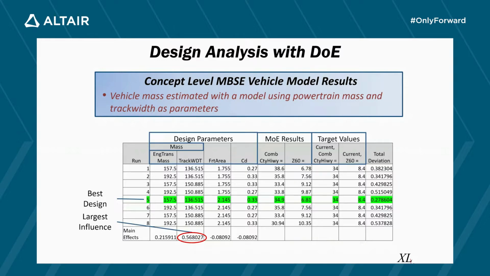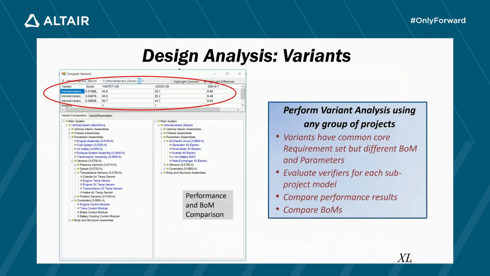Other ways to compare these designs would be to take a look at the variant analysis, which we have available, and you can analyze any number of projects. You can just select the projects that you want to compare, and it will construct a table for you that shows the different variants on the left side and all the different MOEs that are available in those models.